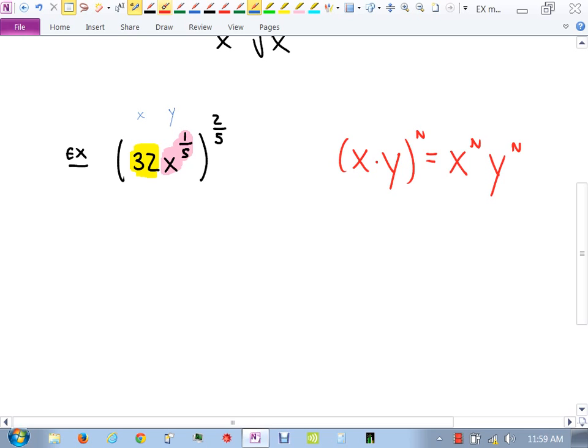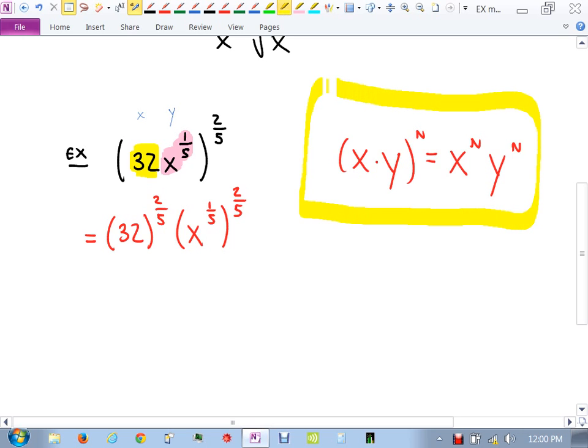Let me write it down, maybe it'll become clear. I need to take the 32 and raise it to the 2/5. Then I need to take the x to the 1/5 and raise it to the 2/5. Can you see that that is this property over here?